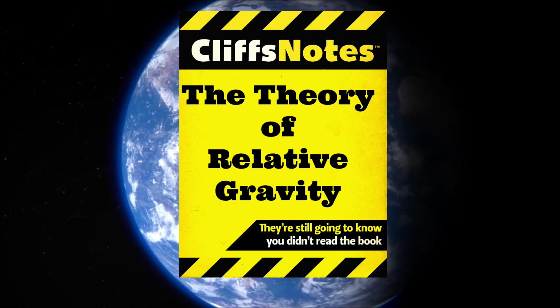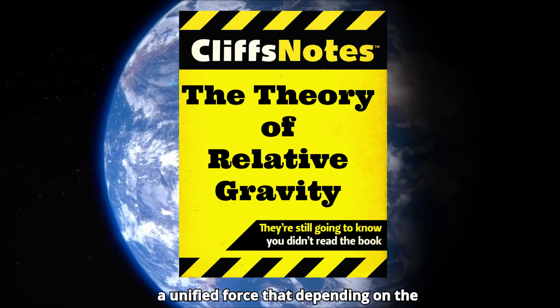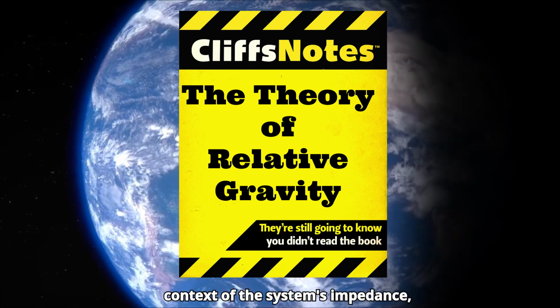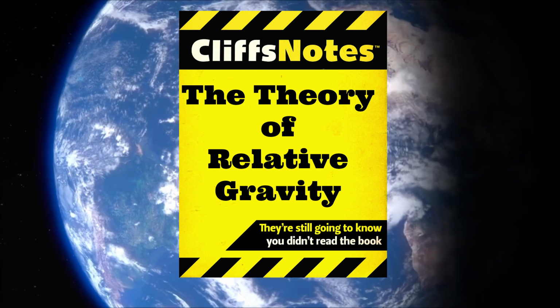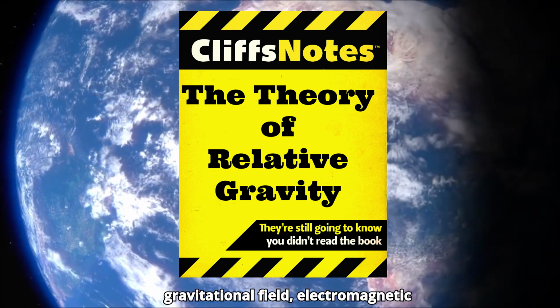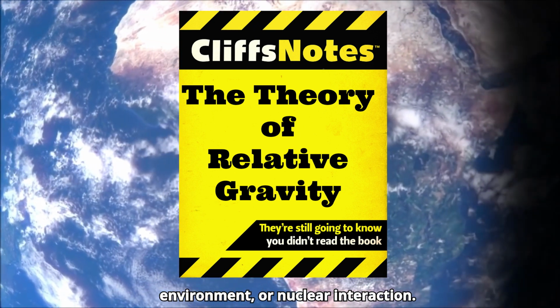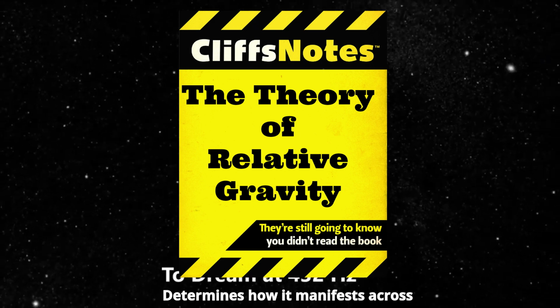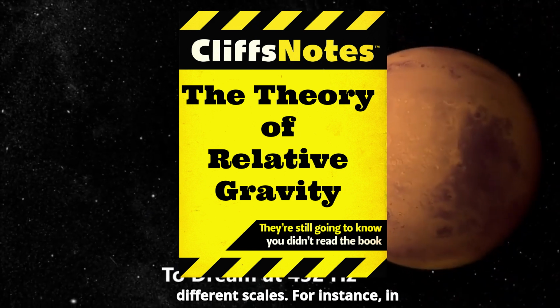By analogy, URF's role can be viewed as representing a unified force that, depending on the context of the system's impedance, e.g., the specific conditions of a gravitational field, electromagnetic environment, or nuclear interaction, determines how it manifests across different scales.